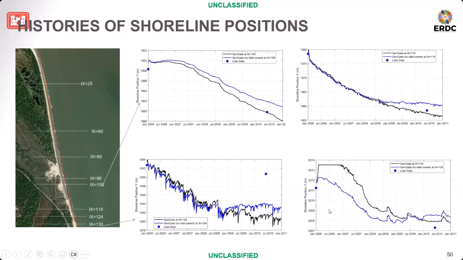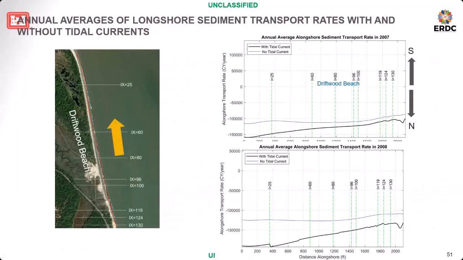But if we look at the average longshore sediment transport without tidal current, this is the average in 2007. Minus means longshore transport turned to the north, and so you have this much difference. If you look at 2008, the difference is much more than 2007.